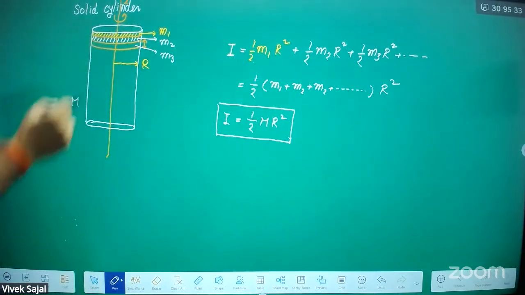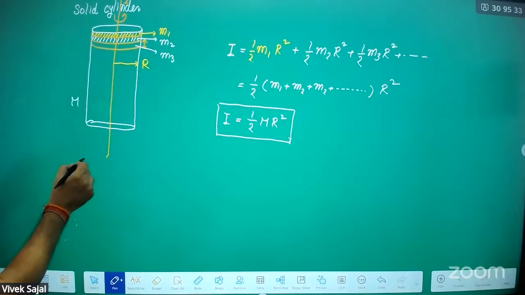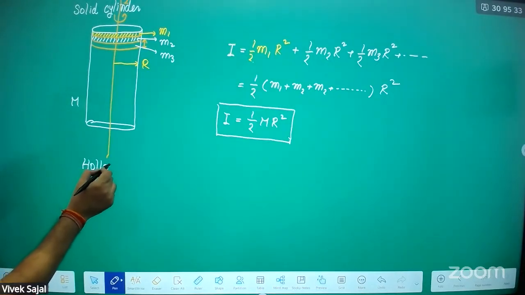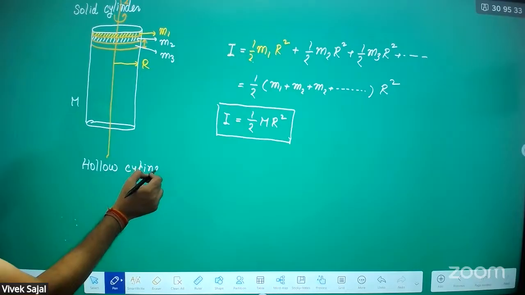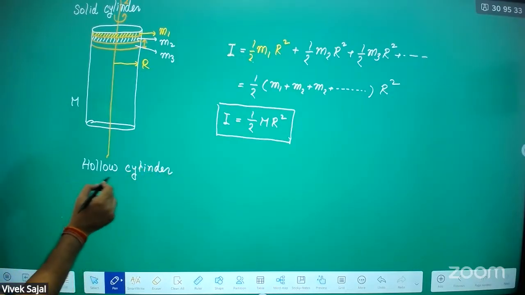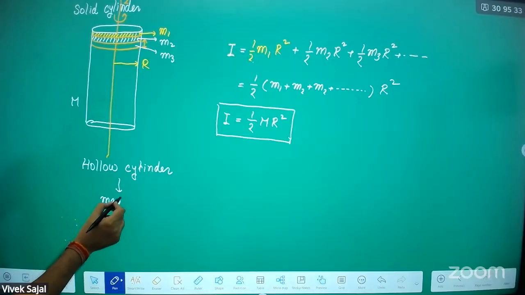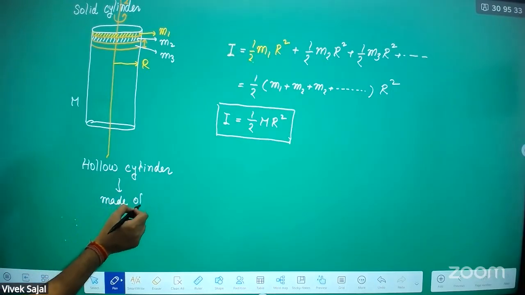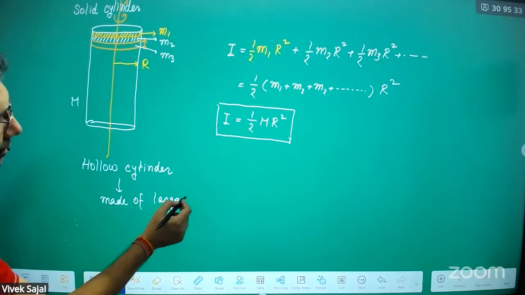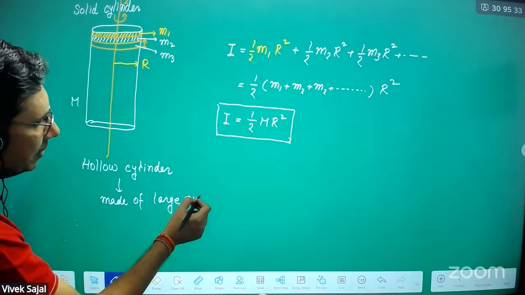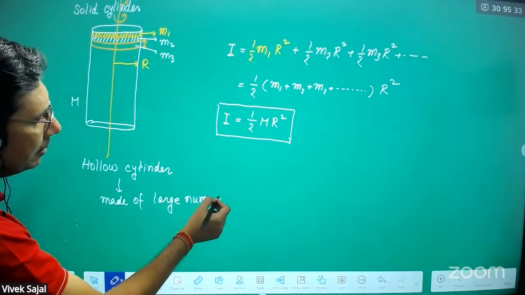Suppose you are having a hollow cylinder. Then the moment of inertia will be MR square. Hollow cylinder, you can consider it as made of a large number of rings.